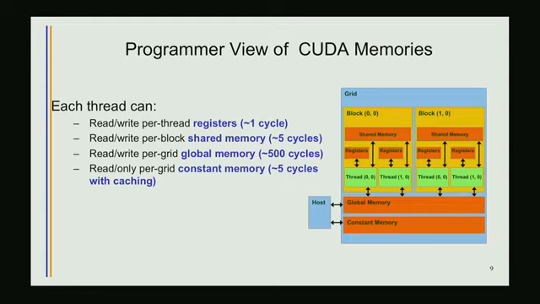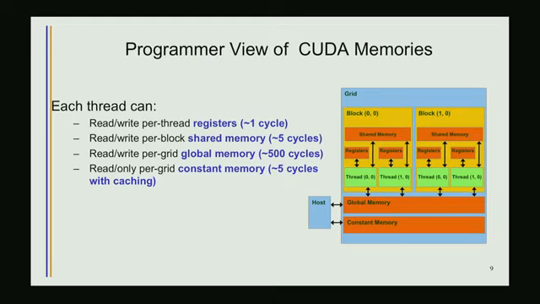And just like with our C code, we can put values in those different memories. So we can put values in registers or in shared memory, constant memory. The next few lecture topics are really going to be around the use of these memories. Now, typically when we think of a thread, when we're writing, say, C++ code, we almost never think about the memory. Memory is just an abstract thing.